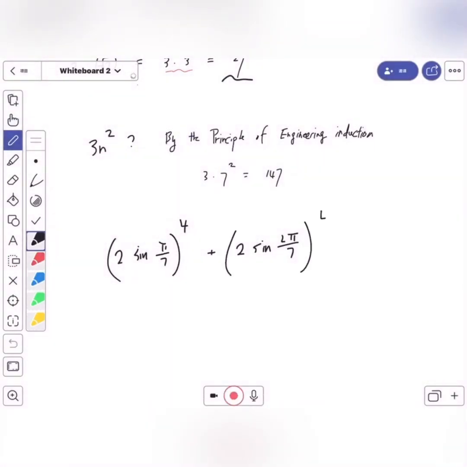Oopsies. Plus 2 sine of 3 pi over 7 to the fourth. What is even this value? The hard part is that we don't know any of these values.